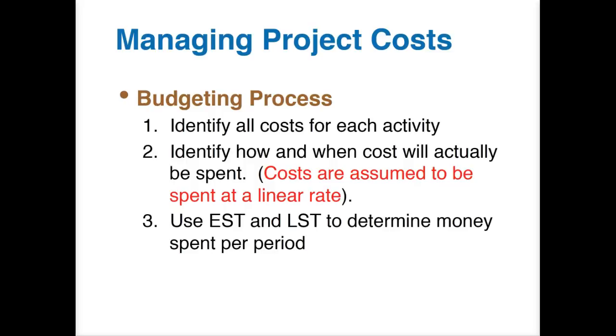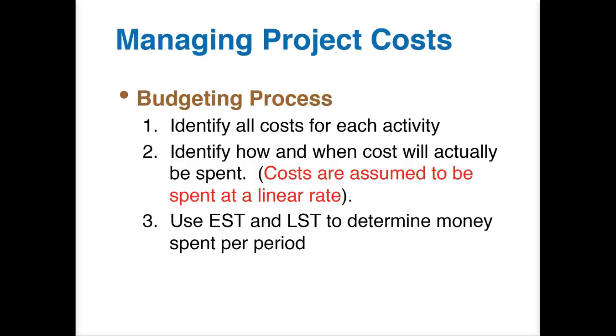And normally that would mean pulling in extra resources or pulling resources off of non-critical activities and putting them on more critical activities so that those critical activities can be done on time. And so we're going to see how knowing about our earliest start time, earliest finish time, latest start time, and latest finish time, we can actually manage that.